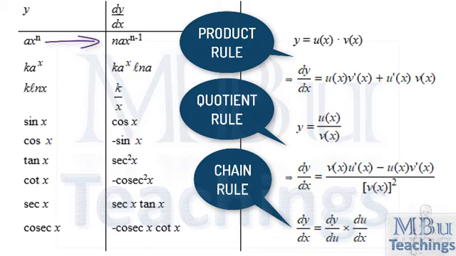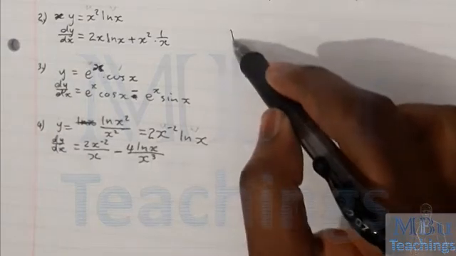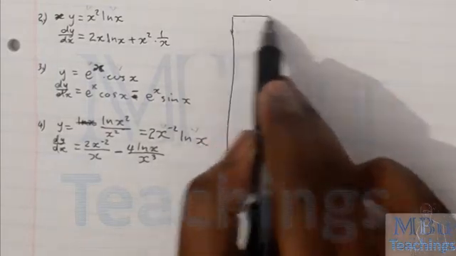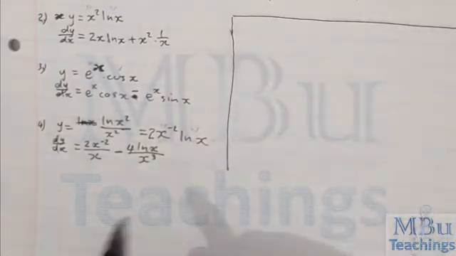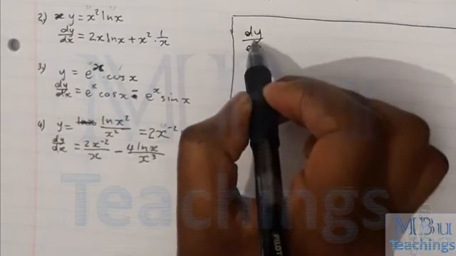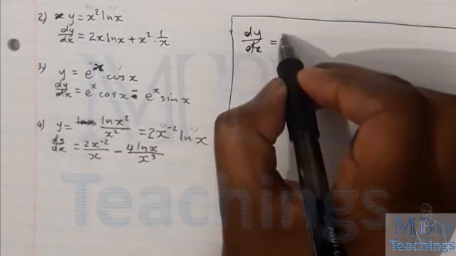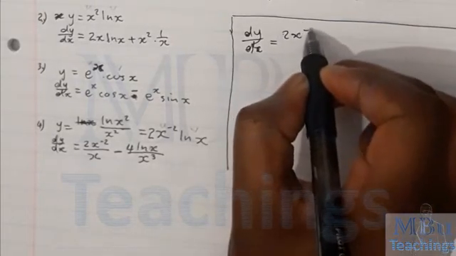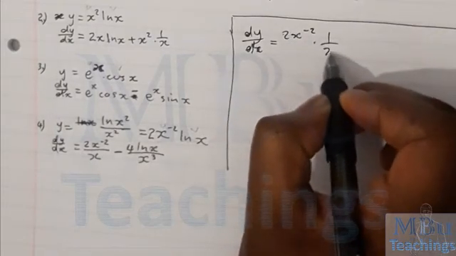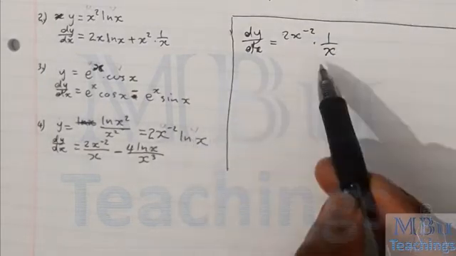Alright, for this particular one, let me explain it further on this side. I'll just do a small portion of it here so that you may really understand it. What did I do? I said dy over dx is equal to, now for my dy I have 2x raised to the power negative 2 times 1 over x. Now I started with v, obviously, as you can see.